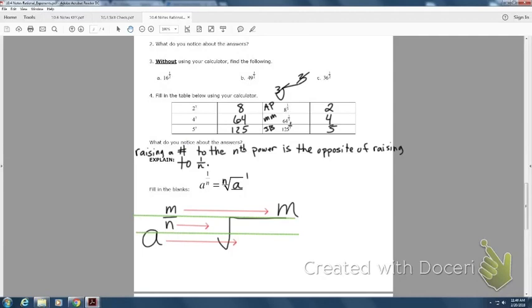Where m is now the exponent that the radical is being raised to, n, or the denominator of the fraction, is what goes in front of the radical, and a, which is your base, goes underneath the radical. And if you're given a problem that is in radical form, and you're asked to write it in rational, you can just move them back over to the left, and that puts it in rational form.